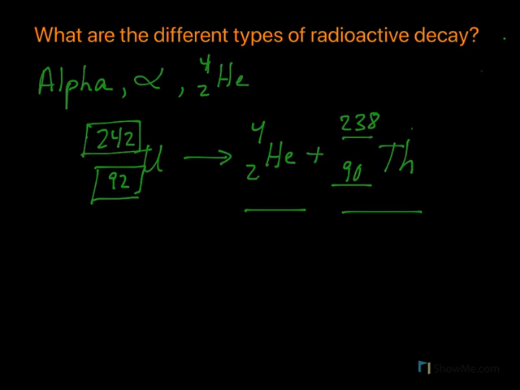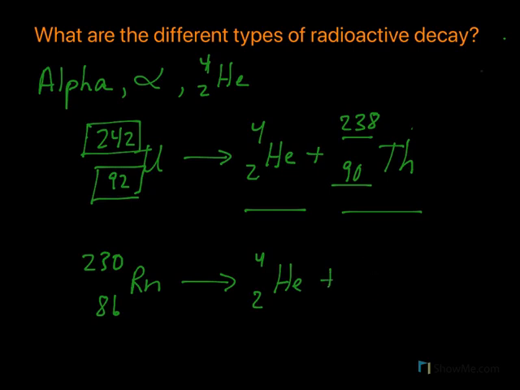Let's pick another example. Let's say we have radon-230, and it's going to go through an alpha decay. So what is our other product?